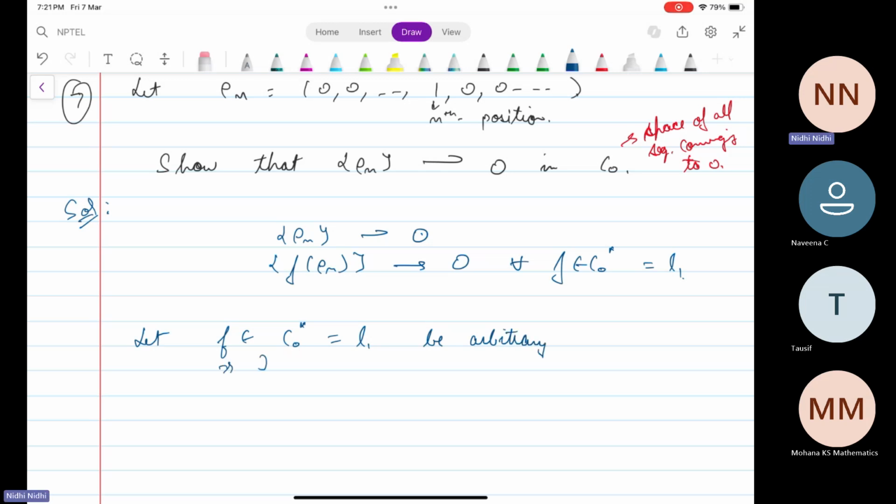This implies there exists a y in l1 such that f(x) is equal to the summation k from 1 to infinity of xk yk for every x equal to (x1, x2, and so on) in c naught.